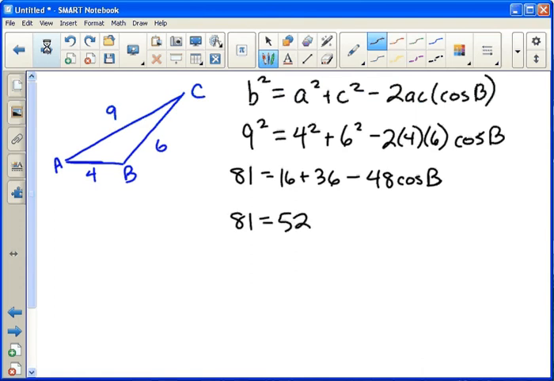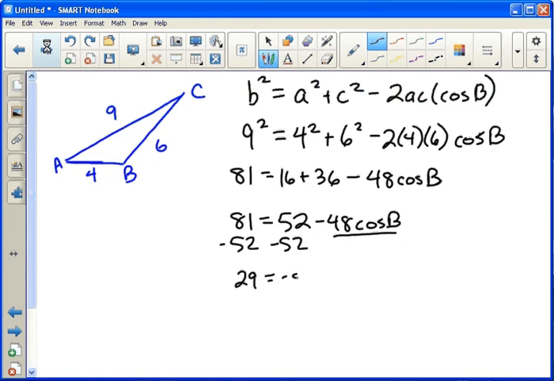And one very important thing here, this is a common mistake. You cannot do 52 minus 48 and say 4. The 48 is attached to cosine B, so you cannot do that. You have to subtract the 52 over to the other side. So that should give us 29 equals negative 48 cosine of B.